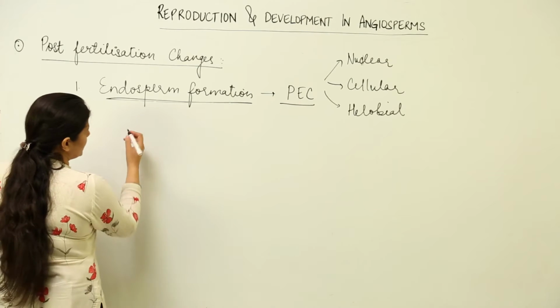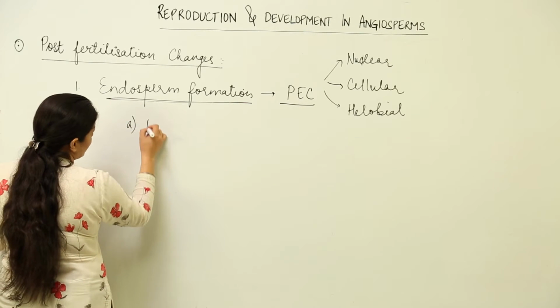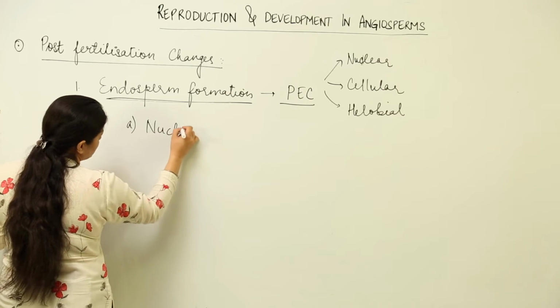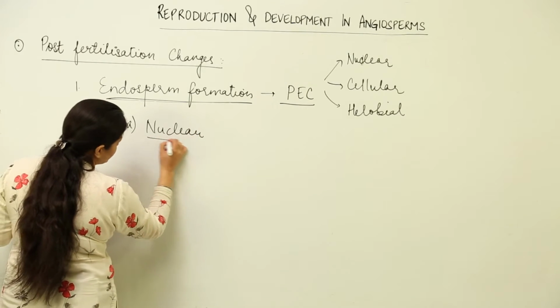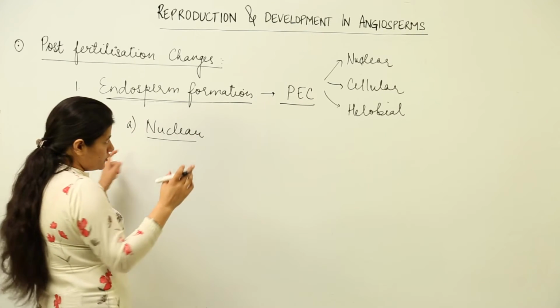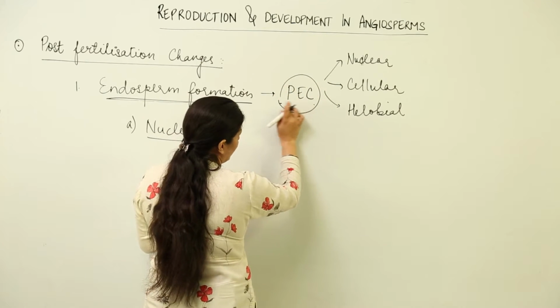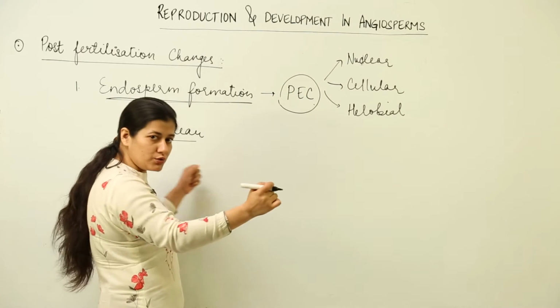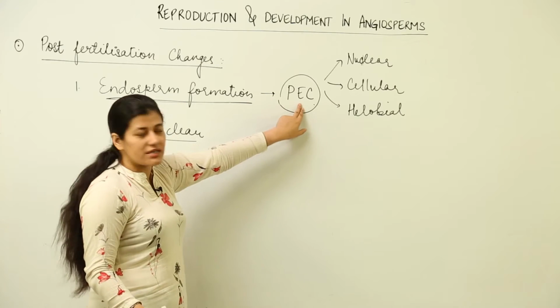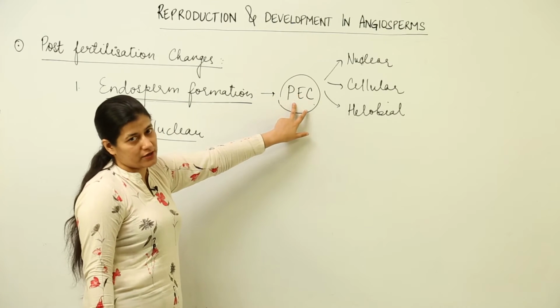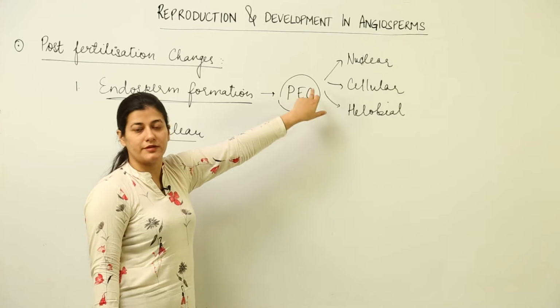So the first type of endosperm listed over here is the nuclear type of endosperm. In the nuclear type, the cell precursor to the entire endosperm, which is going to crush the nucellus, the first cell of the endosperm, is the primary endosperm cell.